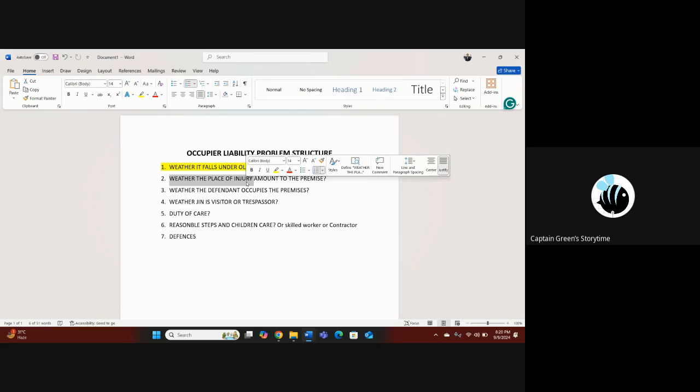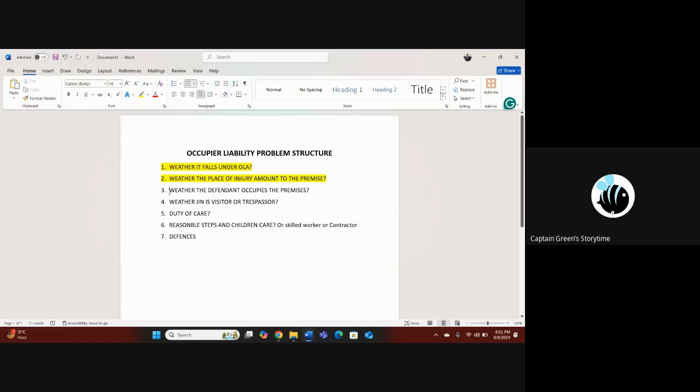We studied its definition: any house, any movable or fixed structure, or vessel, all these things amount to premises. And we also studied that a ladder also amounts to premises. So you have to check whether the place of injury is included in premises or not.